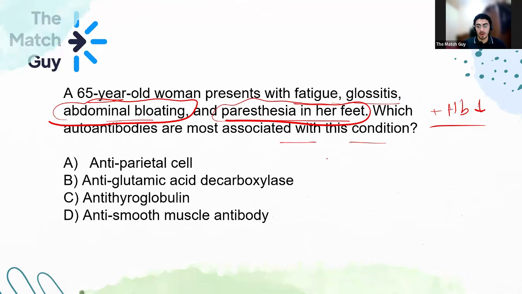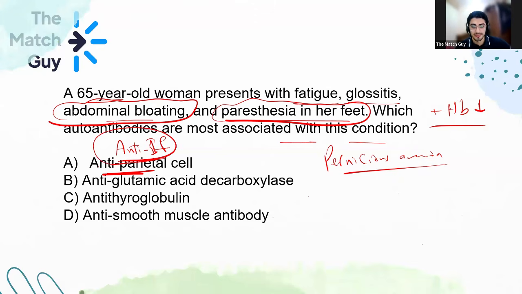This is the presentation of pernicious anemia, which is caused by anti-parietal cell antibodies or anti-intrinsic factor antibody. Okay, so we have autoantibodies attacking the parietal cells of the stomach, which are the cells that secrete the intrinsic factor. Or we have autoantibodies attacking the intrinsic factor itself. Amazing.